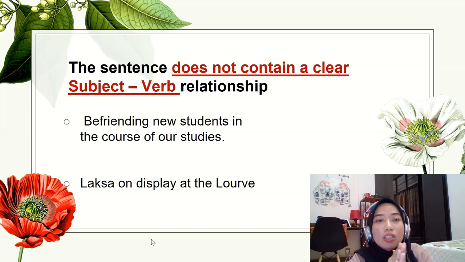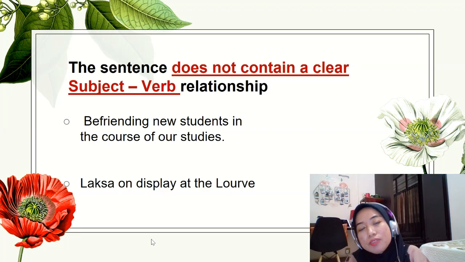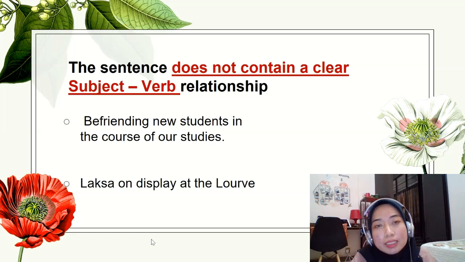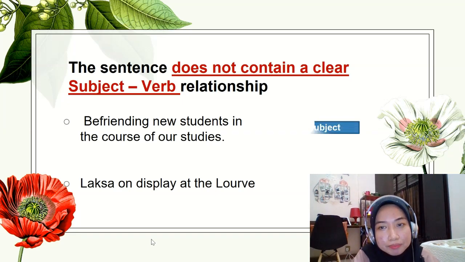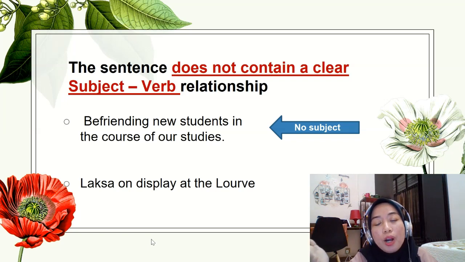Now here, let's take a look at an example of when a sentence does not contain a clear subject-verb relationship. Here: befriending new students in the course of our studies. Laksa on display at the Love. These two are incomplete. It's a fragment because in the first one, there is no subject. Who is befriending new students in the course of our studies?